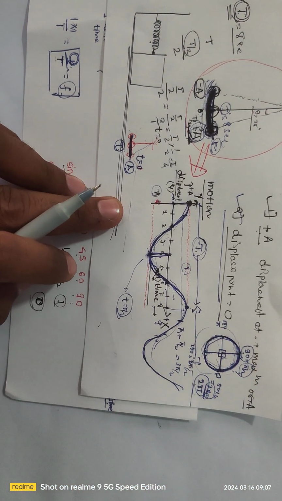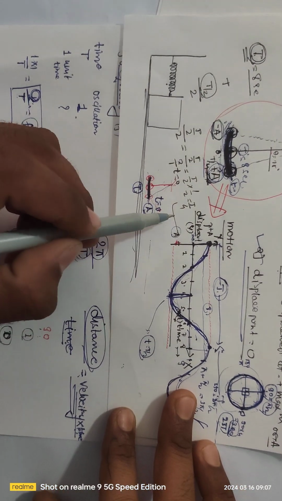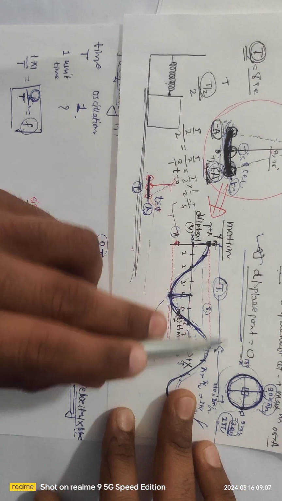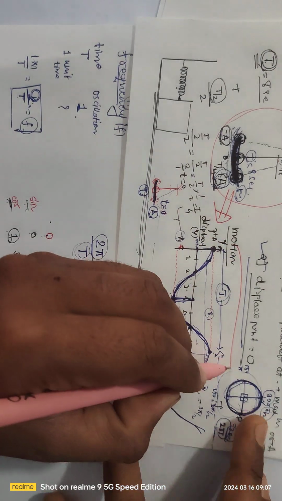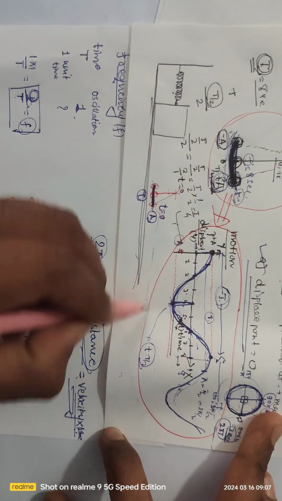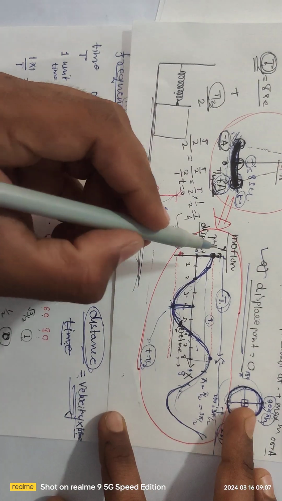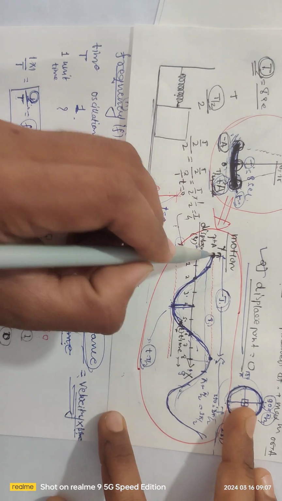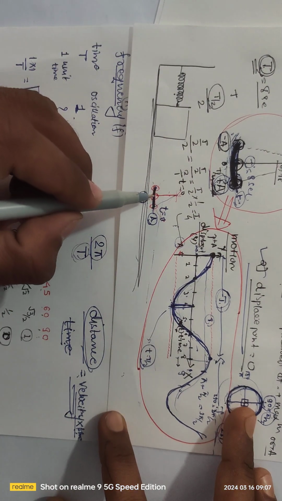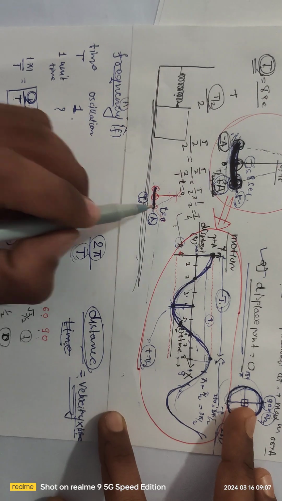So in this particular graph, we are starting from the maximum value. Or in the experiment, we start counting the oscillation from the extreme value.